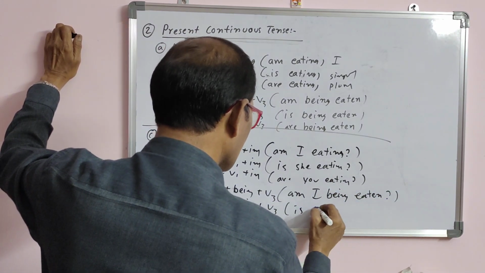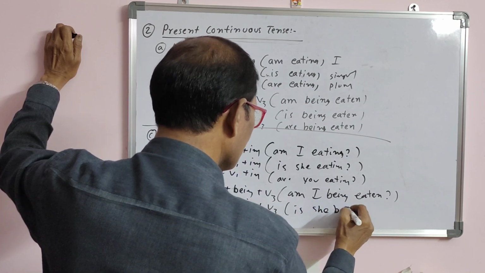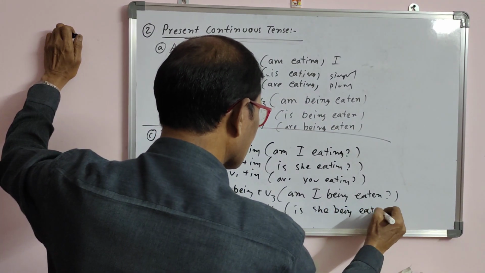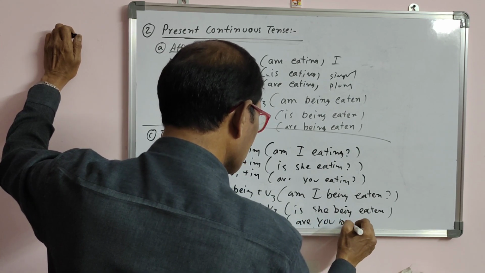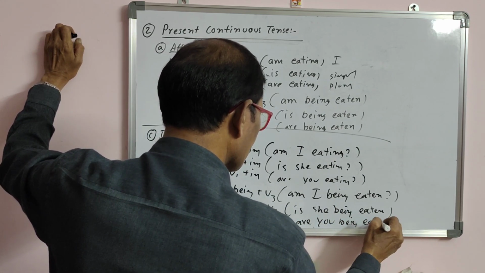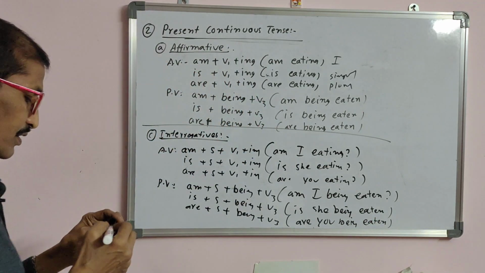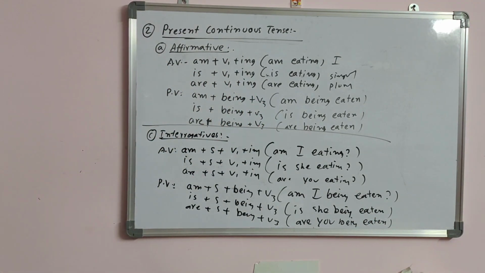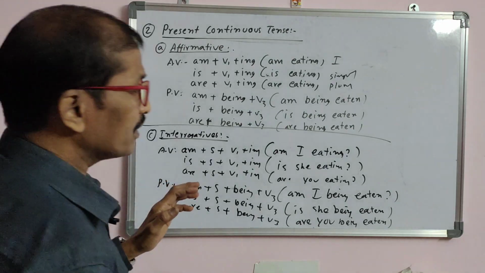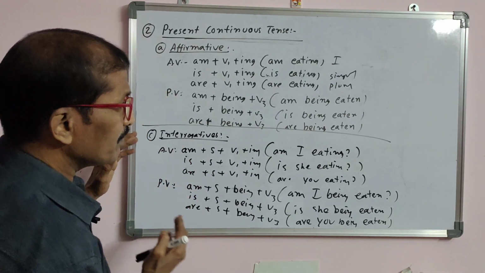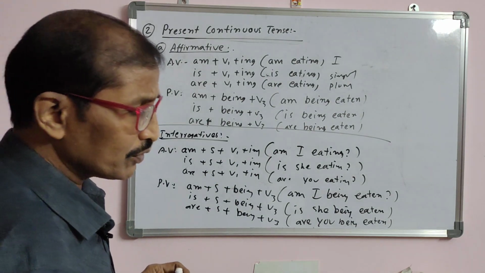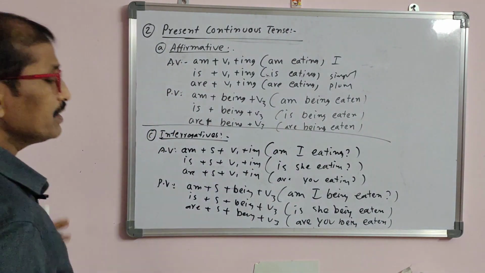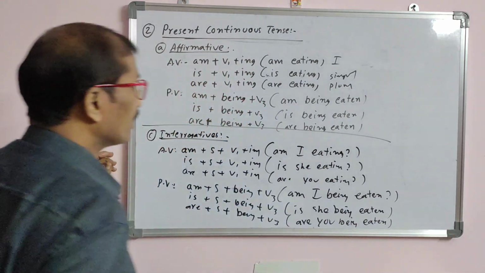Is she being eaten? Are you being eaten? This is present continuous tense. If you are getting confused, reverse it. I mean, go back and watch it very carefully. You can get through it. Of course, now present continuous, how it is, it's already done.